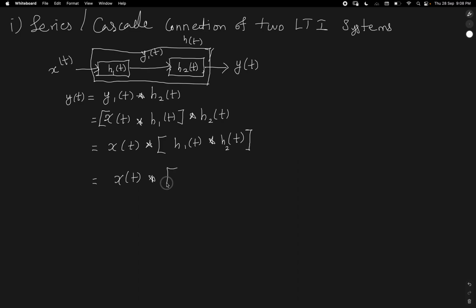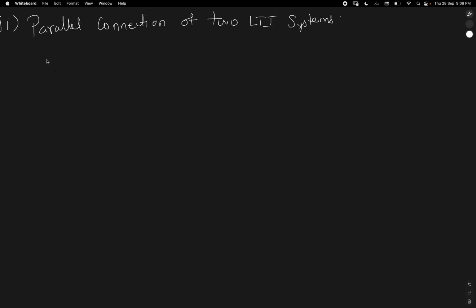So this can be further simplified as x of t convolution h of t, where h of t is the overall impulse response, which is nothing but the convolution of individual impulse response of the two systems h1 of t and h2 of t. Just remember this result. Let us consider the other way of connecting two LTI systems.